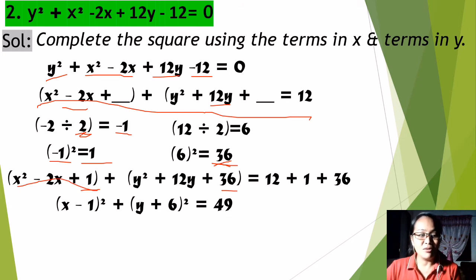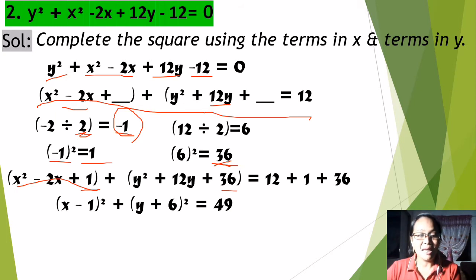Next ay ifa-factor na natin ang mga ito. So, paano? Ang shortcut niyan ay, of course, since in terms of x ka, kopyahin lang si x, at saka yung sagot natin nung nag-divide tayo by 2, yun ang ilalagay natin. So, negative 1 yun, kaya negative 1. And then, ang exponent natin na 2 ay sa labas ng parenthesis.